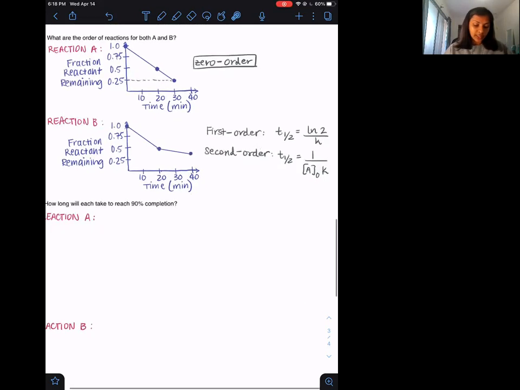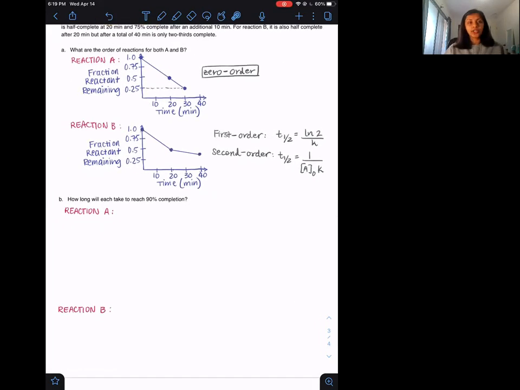Now we can determine whether it's a first order or second order reaction really simply through the half-life. To reiterate the definition, half-life is the time required to convert half of the initial reactant concentration to products.